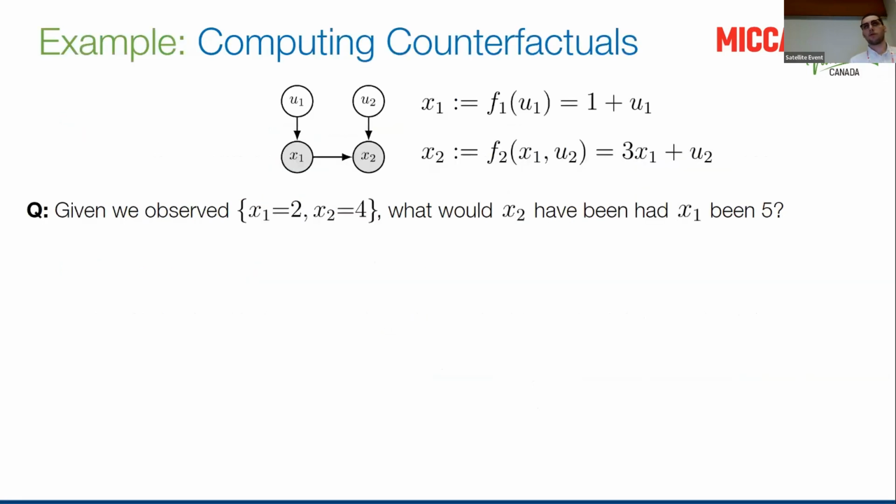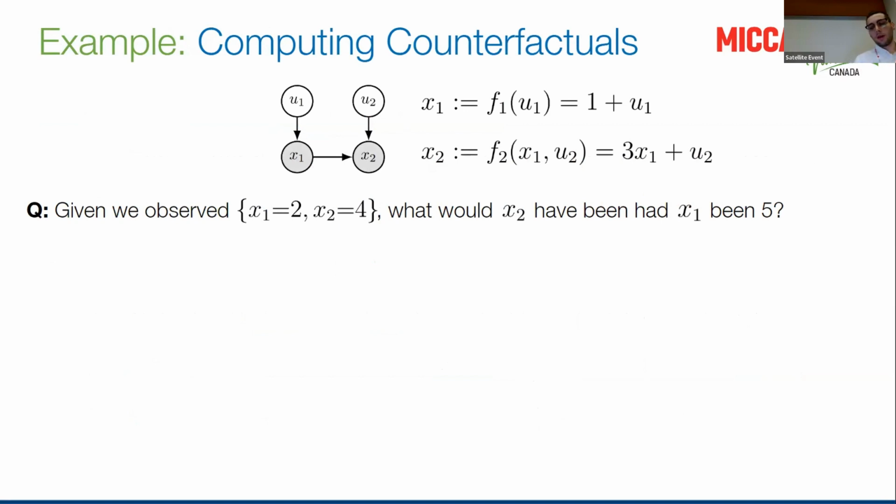So that was a bit abstract. Let me give you a very, very concrete example of how you can compute the counterfactual in this very small graph we have here. I've defined the mechanism for x1 as this very simple function, 1 plus u1, and the mechanism for x2 is 3 times x1 plus u2.